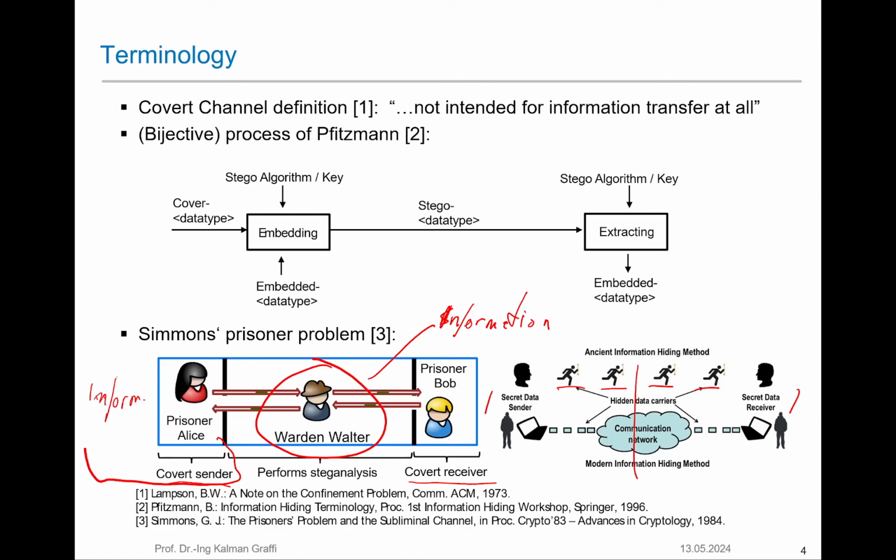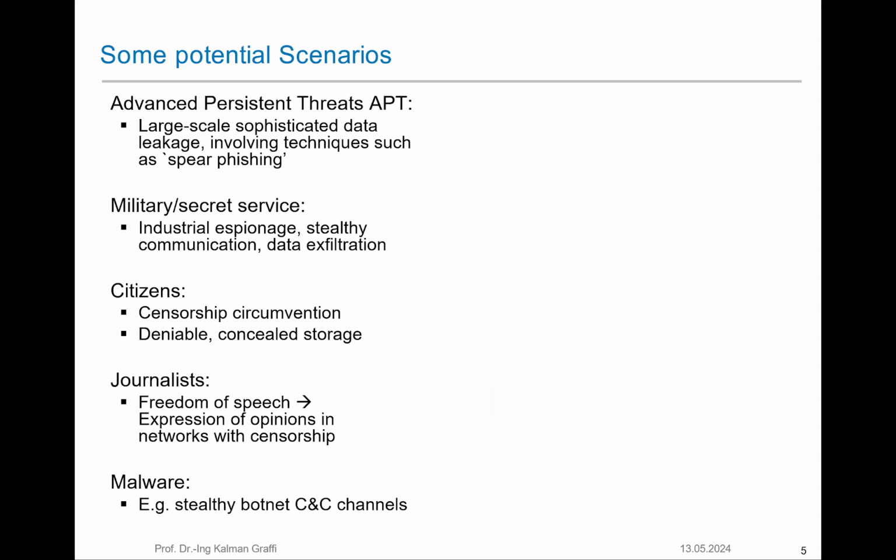So, why is this relevant? I mean, why is this an issue, and why is it a topic that we should discuss? First of all, because lots of information is retrieved by persons. An attacker would typically spearfish, that means try to convince somebody from within the company to become malicious and smuggle data out, and then they need some kind of method to extract the data without it being obvious.